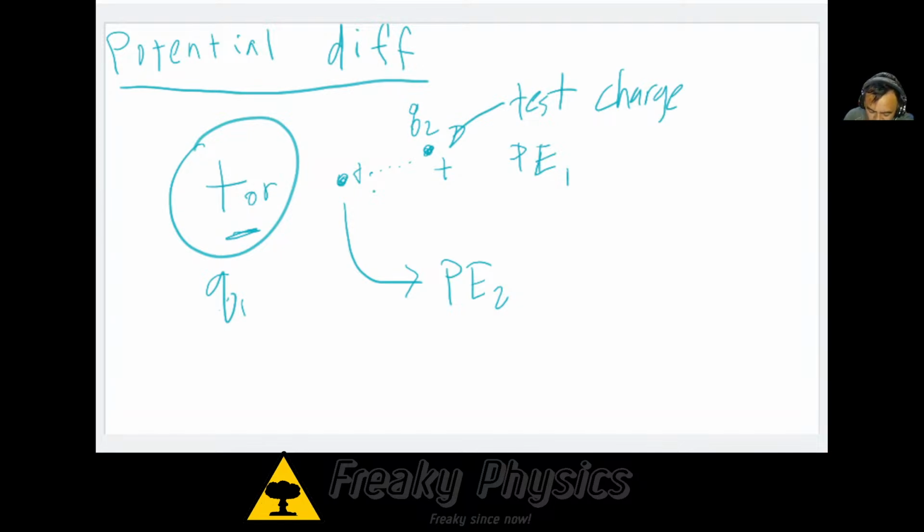What's going to be the change in the potential energy? It is equal to PE2 minus PE1.